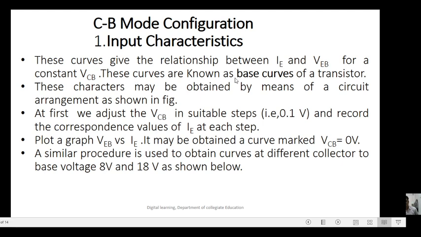These curves are known as base curves of the transistor. These characteristics may be obtained by means of a circuit arrangement as shown in the figure. At first, we adjust VEB in suitable steps, that is 0.1 volt, and record the corresponding values of IE at each step.